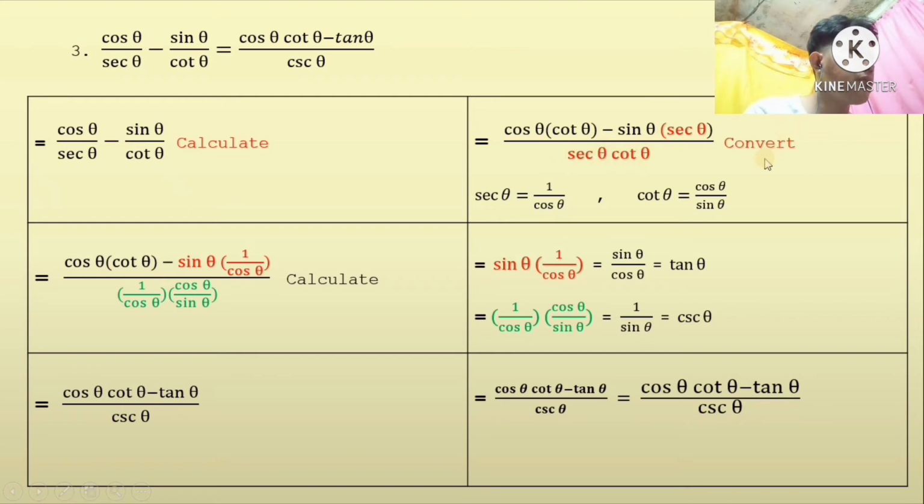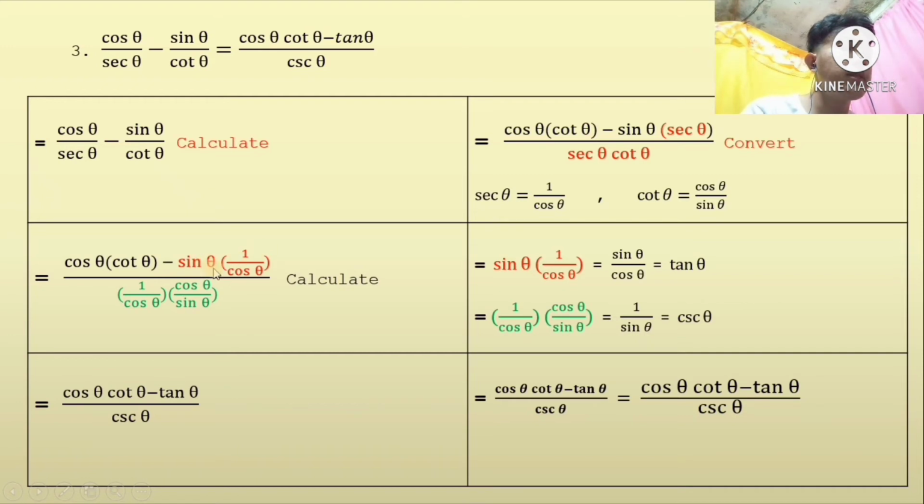So convert secant to 1 over cosine theta and cotangent theta to cosine theta over sine theta. So our equation will be cosine theta times cotangent theta minus sine theta times 1 over cosine theta, over 1 over cosine theta times cosine theta over sine theta. So calculate.